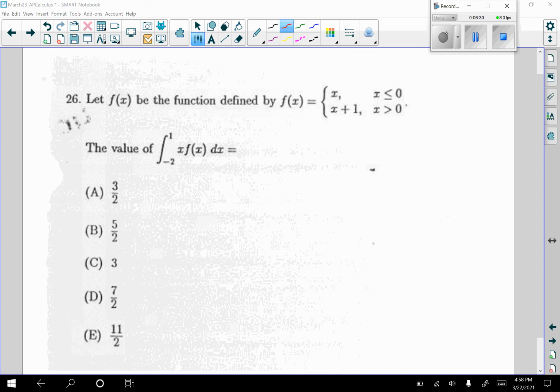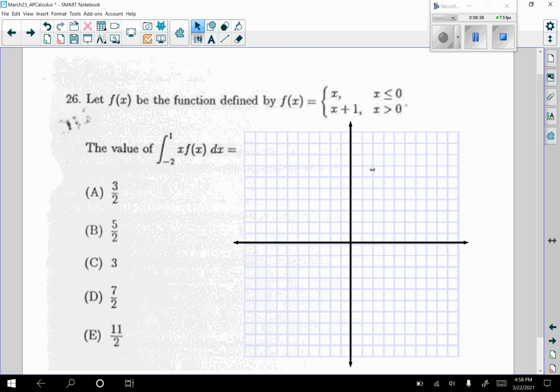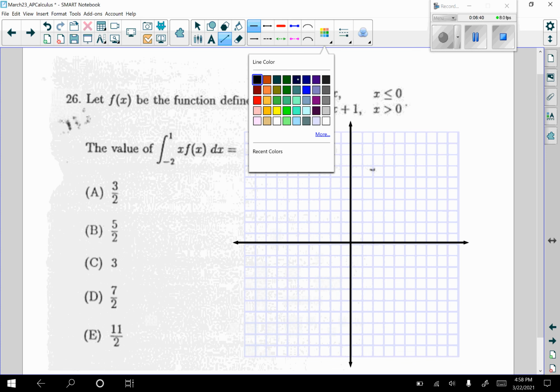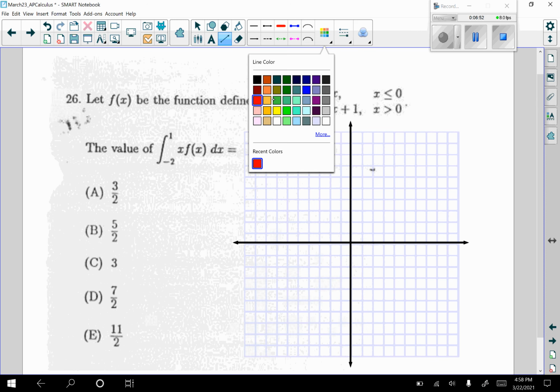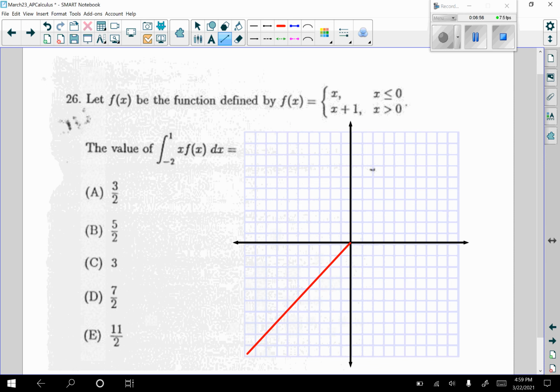All right, for 26, what's going to help us out here is if we graph the function. So we have a piecewise function here. We are just looking at y is equal to x for all x less than or equal to 0, and then x plus 1.